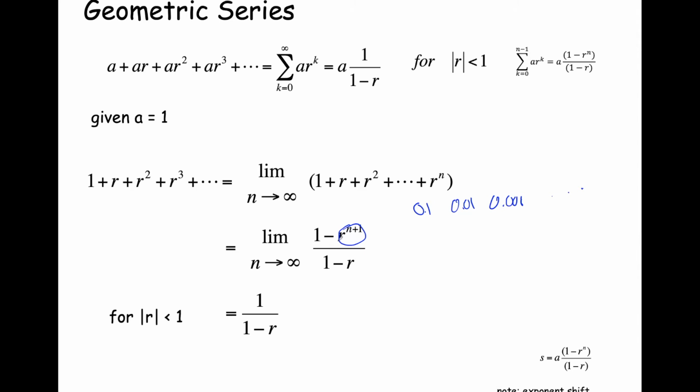So if it goes to 0 in the limit as n approaches infinity, well, that means you have 0 here, you have 1 over 1 minus r. So that's our result. So the sum for the geometric series, where it's an infinite sequence, that closed form solution is just 1 over 1 minus r, provided that the magnitude of r is less than 1.